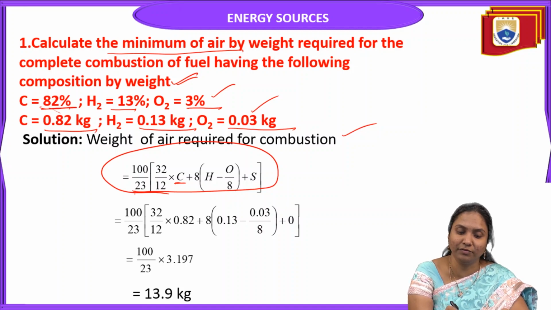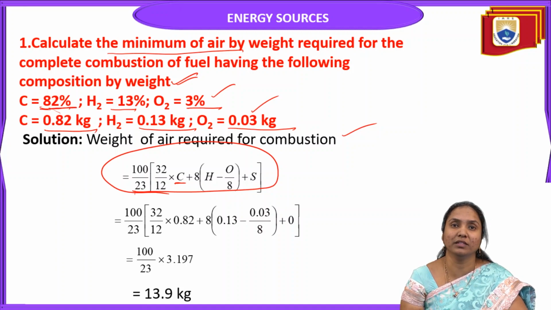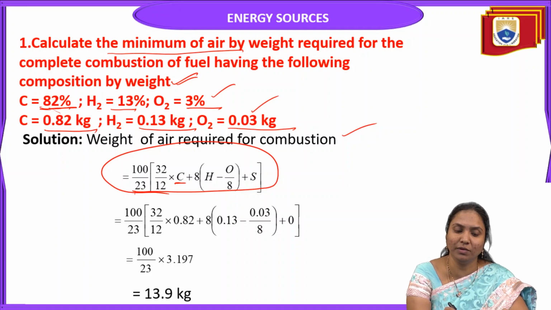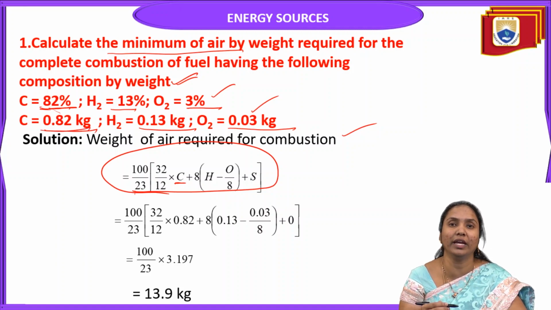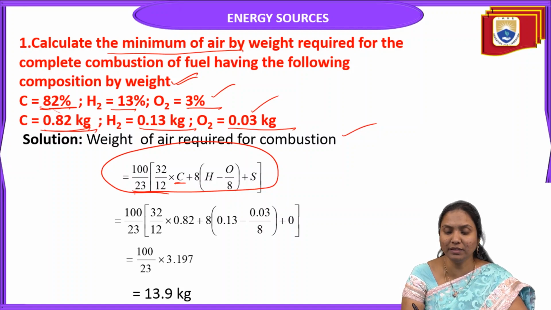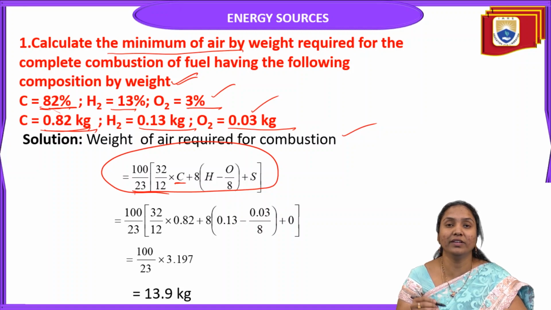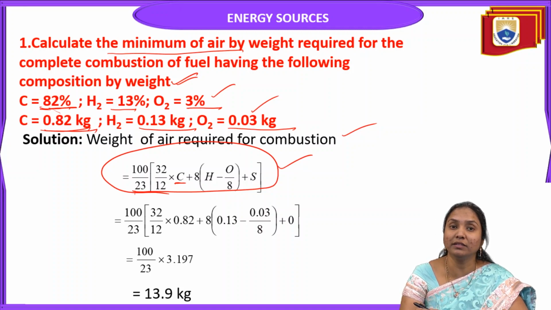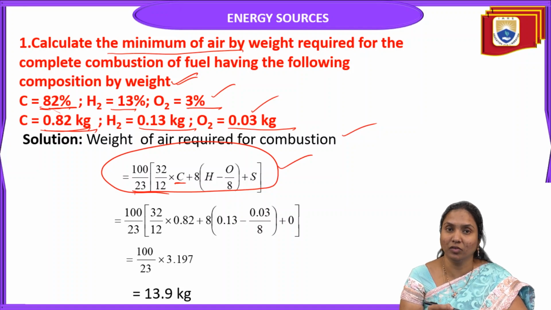For example, in that problem 82% is given, so we convert it into kilograms, its weight is 0.82, plus 8H minus O by 8, and plus sulfur. We already discussed in previous classes why we write this formula. All this is because air contains 23% oxygen.